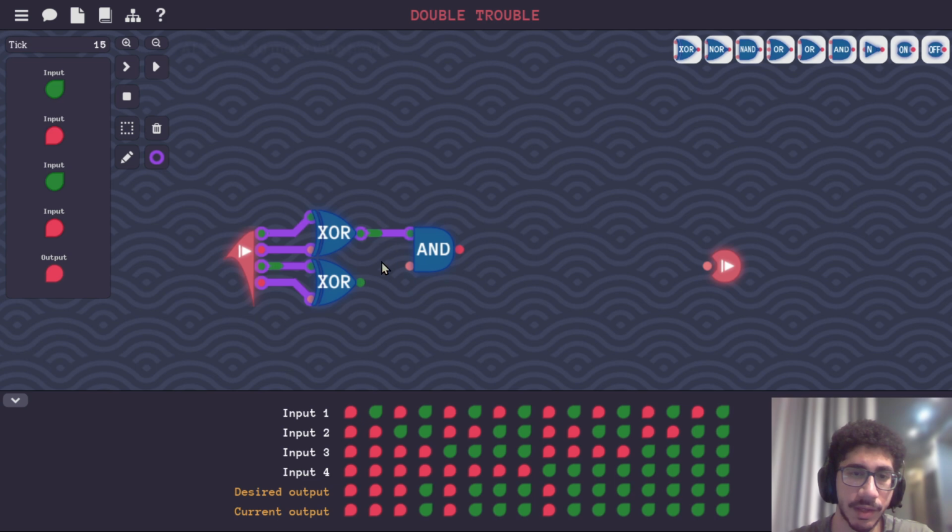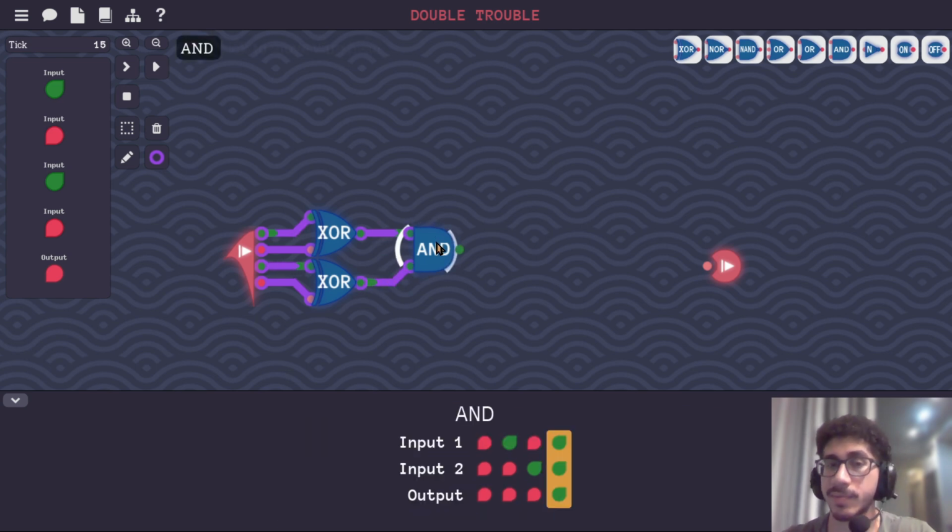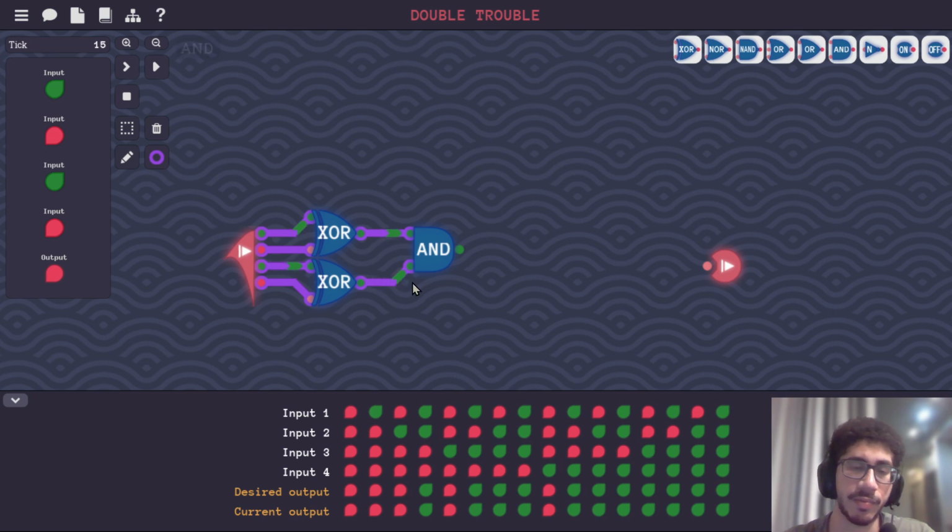An AND won't accept anything except 2 positives. If you have 1 positive on each side, it's a total of 2 going into the AND, and that'll be perfect, right?